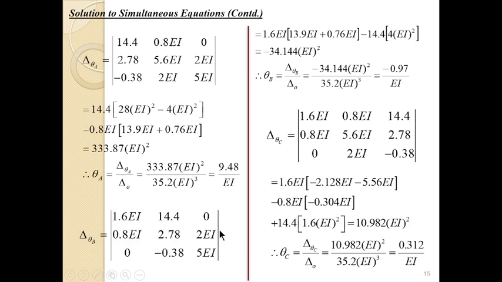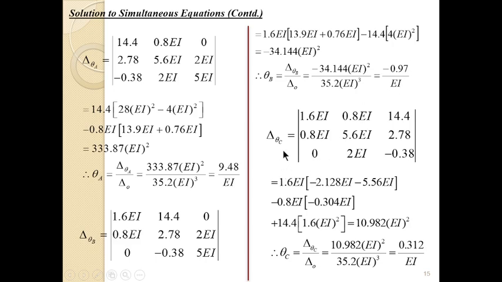So you find the determinant of delta theta B, and it gives us what? Minus 34.144 EI squared. So what we do to find theta B will be the determinant of delta theta B all over delta naught, which is minus this over this, it gives us minus 0.97 over EI.